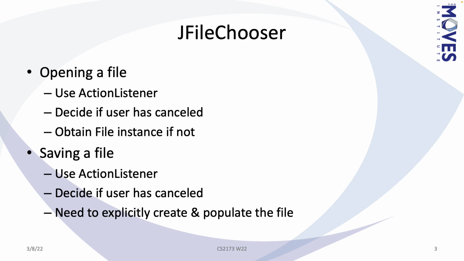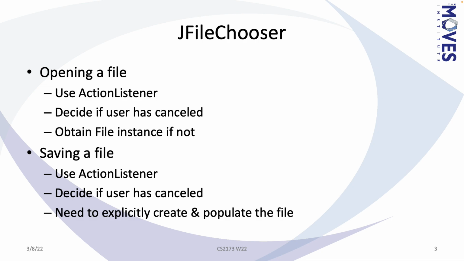Now, even given that, the file chooser doesn't know what you want to do with that file. If you're saving a file, it has no idea what you want to put there. And so you need to explicitly do that. In fact, if I go to save a file, what the file chooser does is give me a file object. But if you remember, we talked about how a file object may or may not refer to an actual file on the file system.